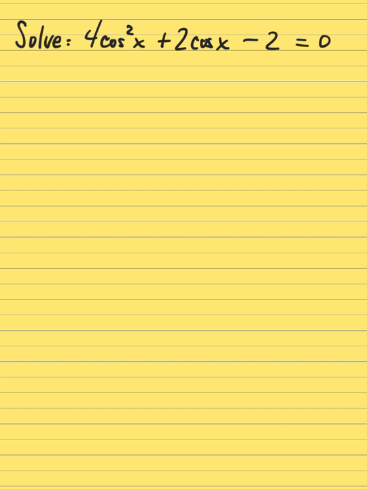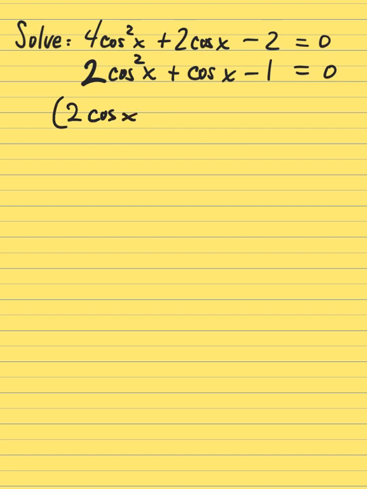On this example, let's solve by factoring. First, note every number in the equation is even. Let's divide them all by 2. Now let's factor. 2 cosine squared, we can break that up into 2 cosine and 1 cosine.